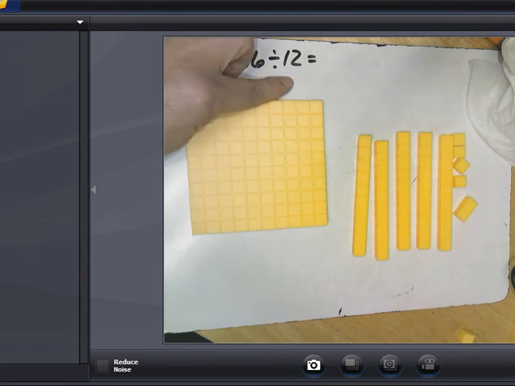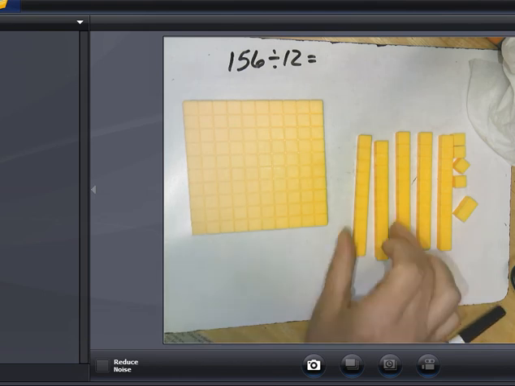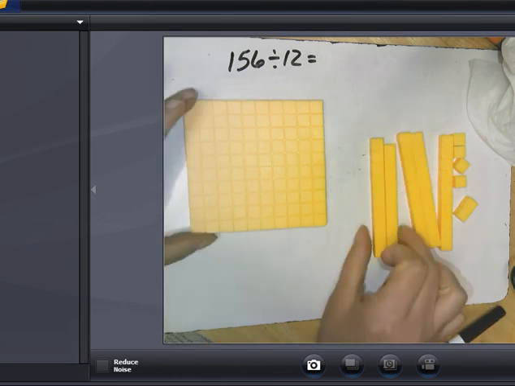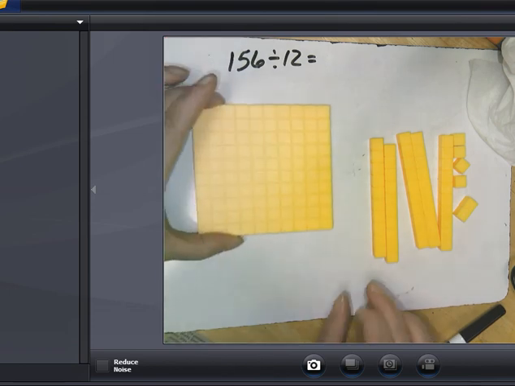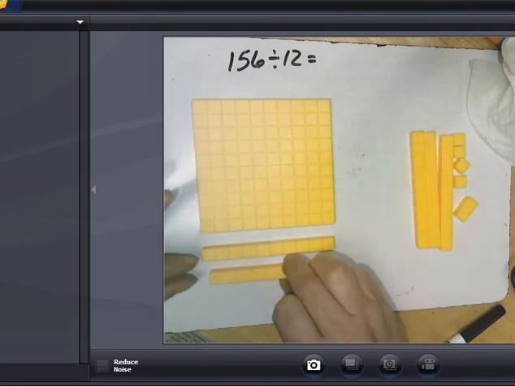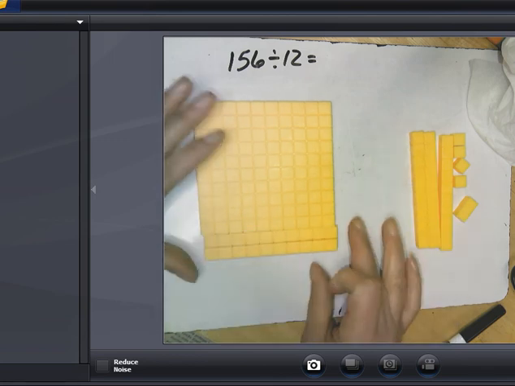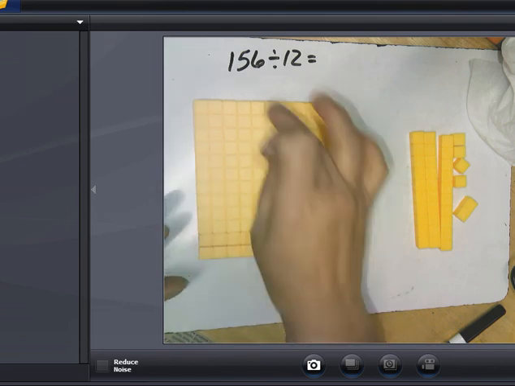My dividend tells me how many I'm going to put into my rectangle or have equal groups of. So I'm going to make an equal group of 12. So I know I have 10 here, 11, 12. Because if I put those together, I have a nice rectangle and I have a group of 12.